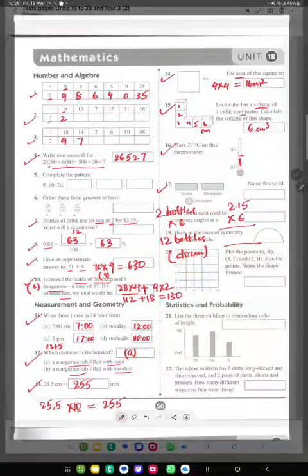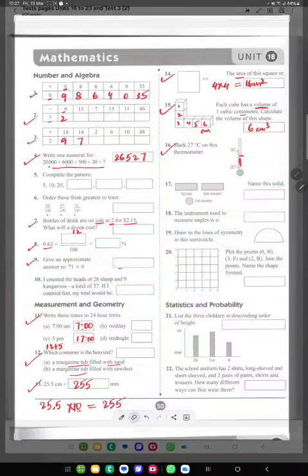These are the flat faces of a solid, and they're asking you if you can name this solid. Okay. Now question 17. In this, what do you think?